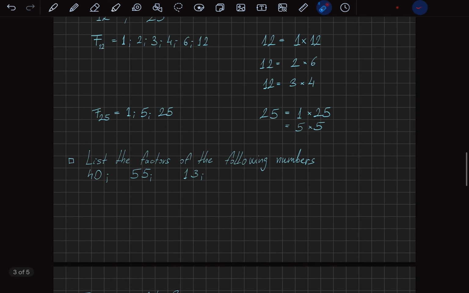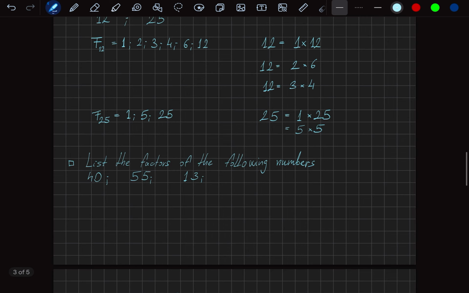List the factors of the following numbers. Factors of 40. So I will just work here. 40 equals 1 times 40, 2 times 20, 3 times nothing, 4 times 10, 5 times 8, 6 times nothing, 7 times nothing, 8 times 5.